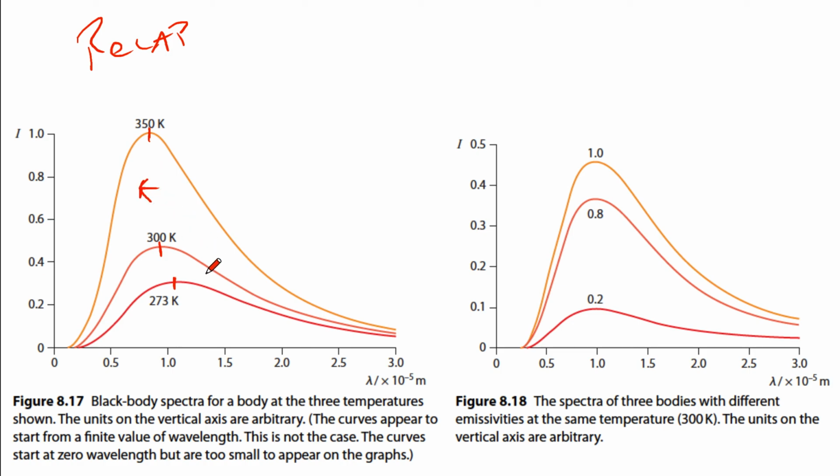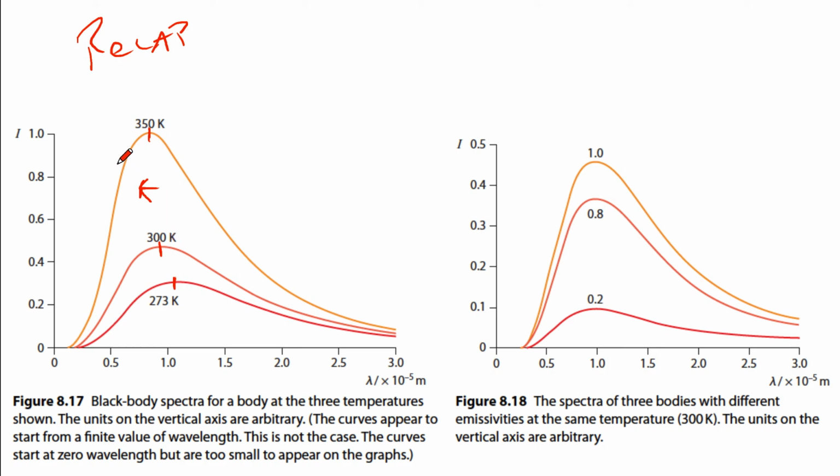My wavelength gets smaller because it takes more energy to produce those higher frequency lights. At 350 Kelvin versus 300 Kelvin, the peak wavelength is going to be shorter because all of the atoms in the system have more energy.